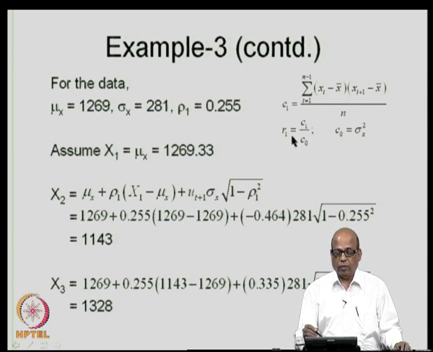So, lag 1 correlation is estimated by R 1 is equal to C 1 by C naught. Recall that rho k is gamma k by gamma naught, where gamma k is the covariance between x t and x t plus k and gamma naught is the variance itself. So, using this we estimate rho 1, actually the sample estimates are indicated by R 1. Rho 1 in this case is a sample estimate which comes out to be 0.255.